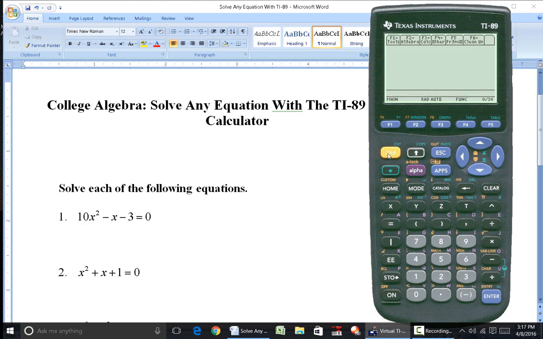So again, it's an equation we're solving, so I'm going to use the same command or function here. I'm going to enter the equation.